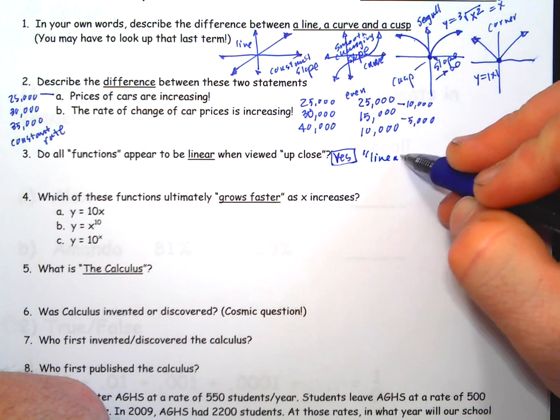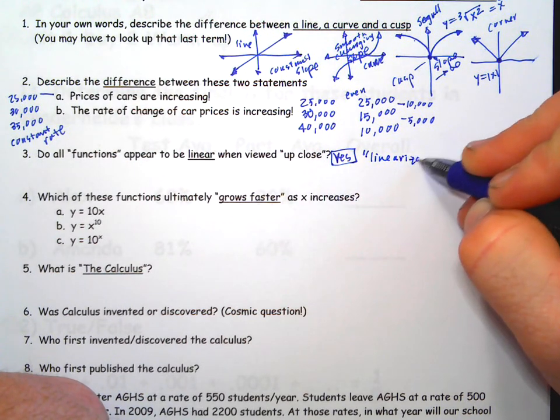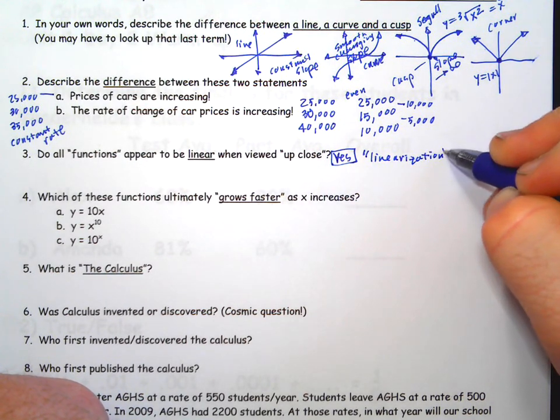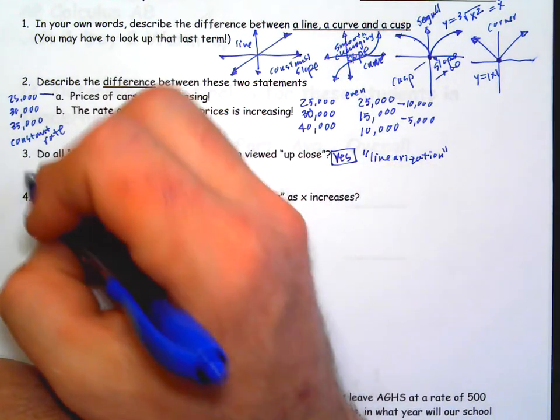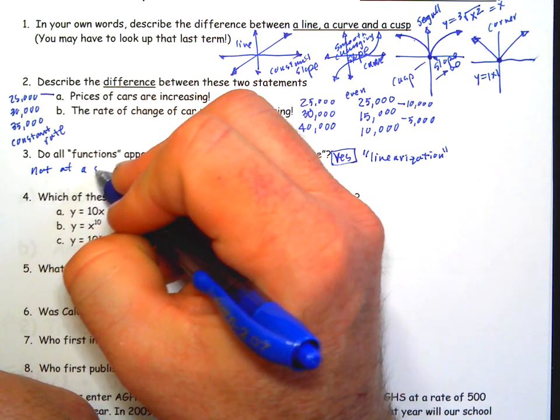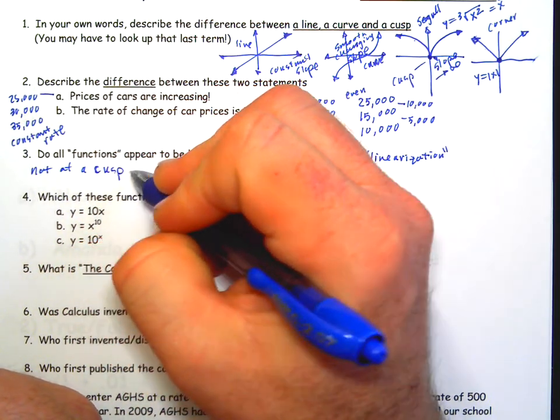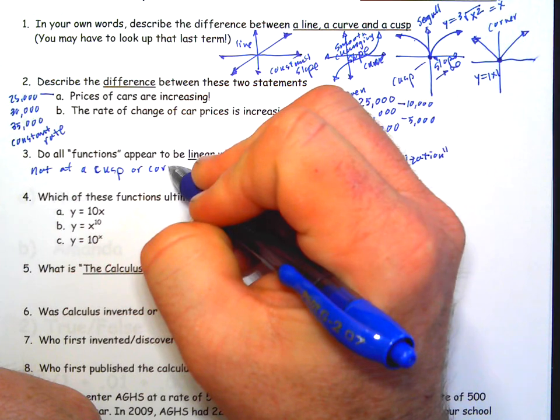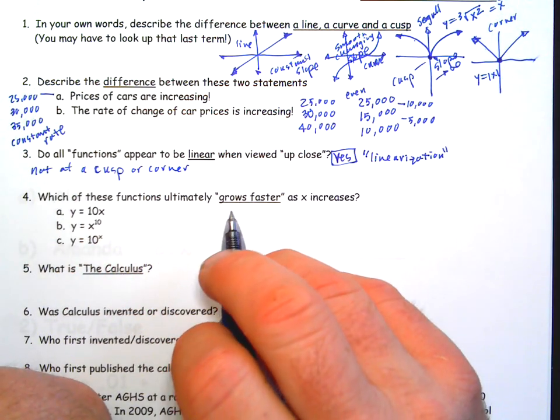We might call it linearization or local linearization. But not at a cusp or corner, right? It can't happen there.